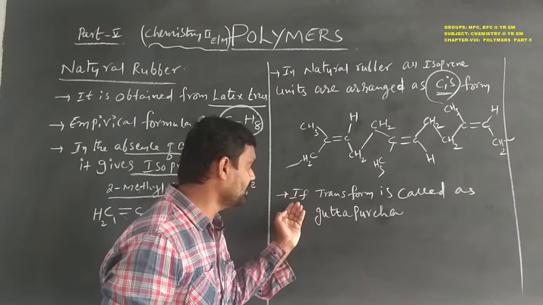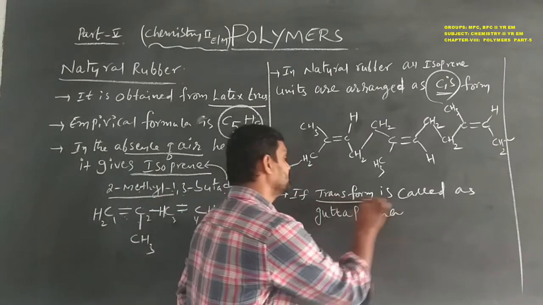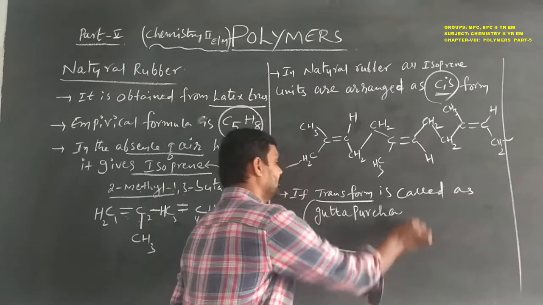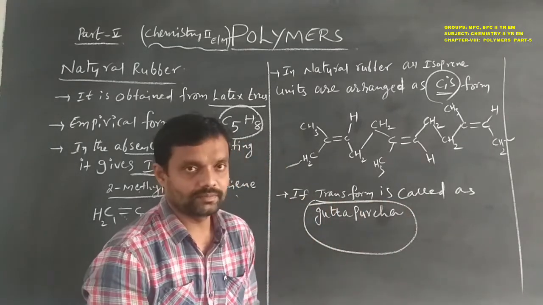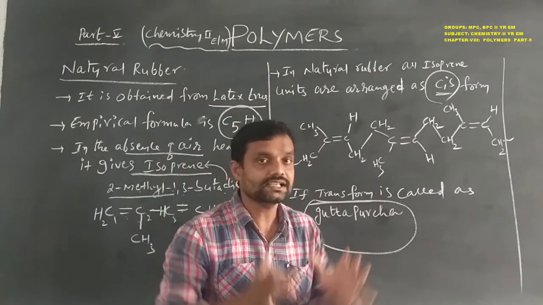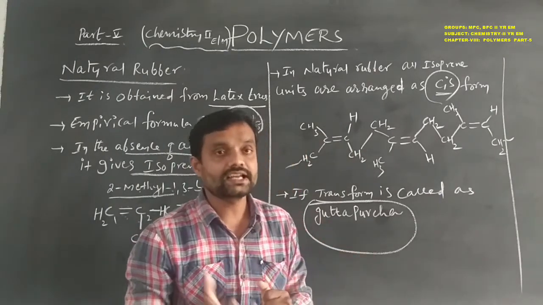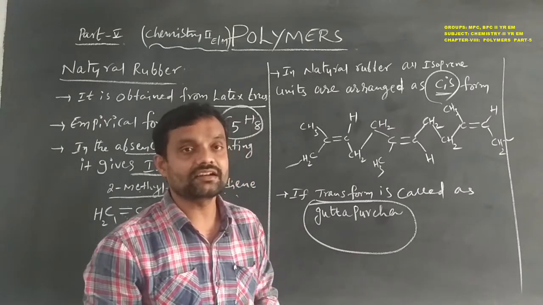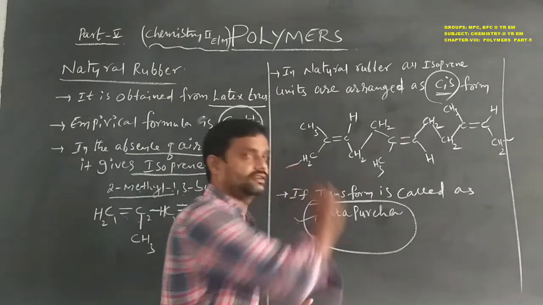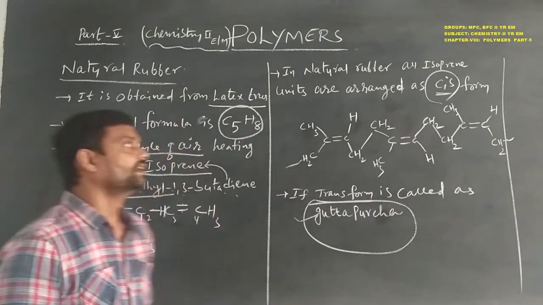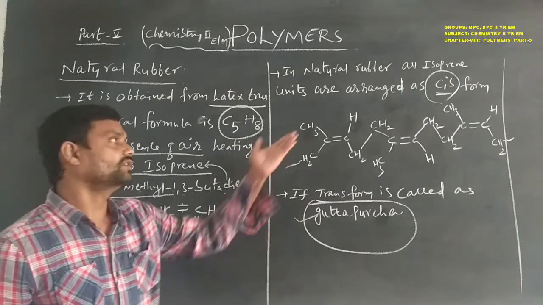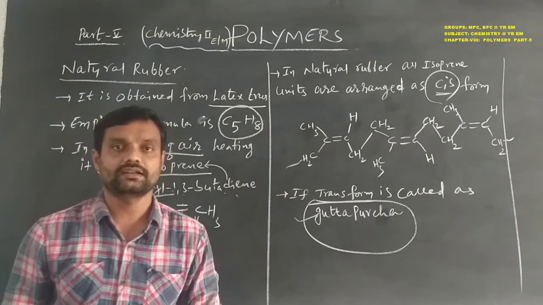That form is called Gutta Percha. Natural rubber has isoprene units arranged in the cis form. When they are arranged in the trans form, that is not called natural rubber, that is called Gutta Percha. So this is about natural rubber, its monomer, and how they are arranged.